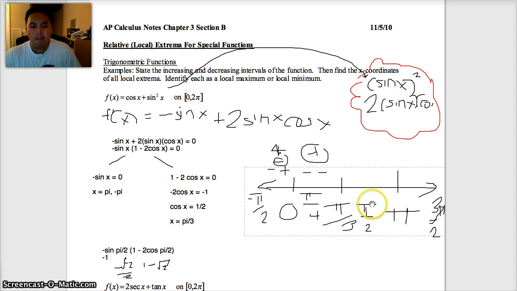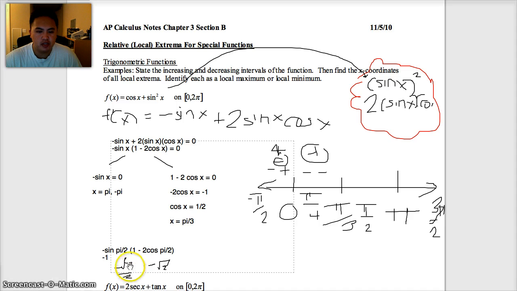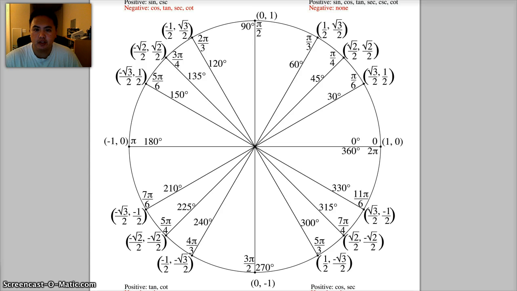All right, pi over 2, so I'm running out of time. Let's go back to this one. Pi over 2, I'm going to get sine of pi over 2, going back to my unit circle. Here's pi over 2. Sine is 1.